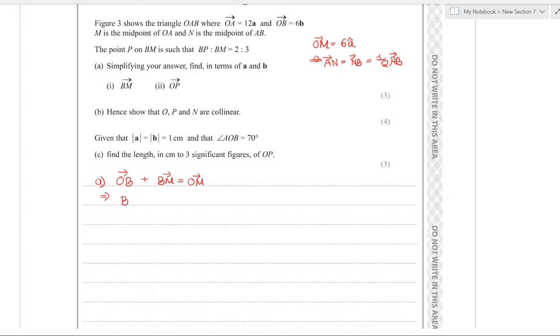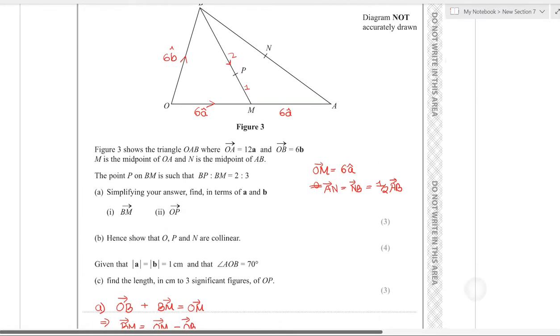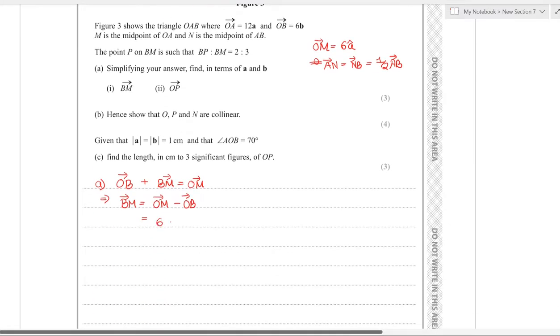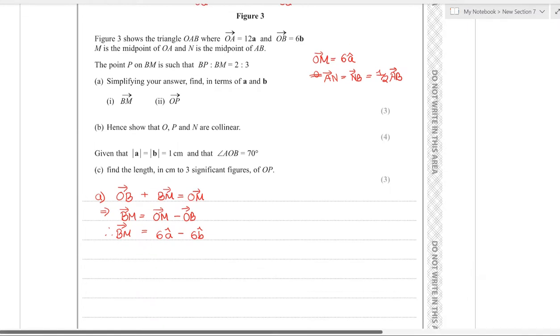Now if you make BM the subject of this, you have OM minus OB. OM is 6A minus OB is 6B. So this is the value for BM, 6A minus 6B. This is the solution for A1.